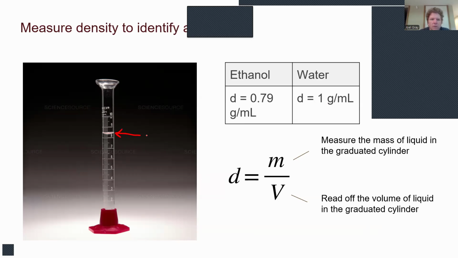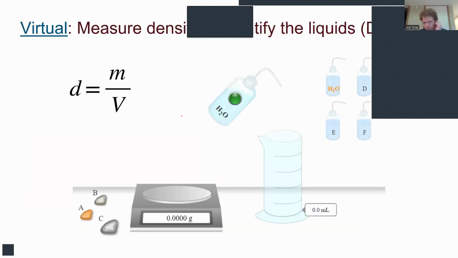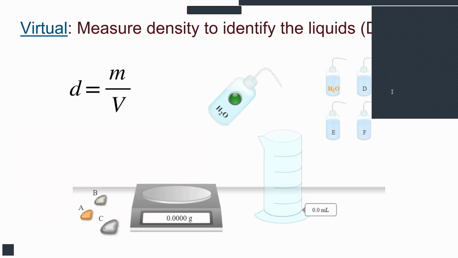And we have approximately 8.3 milliliters. Now, this tool right here gives you the opportunity to determine the density of a liquid. And all that you're going to do is use this container, or go through this exercise.